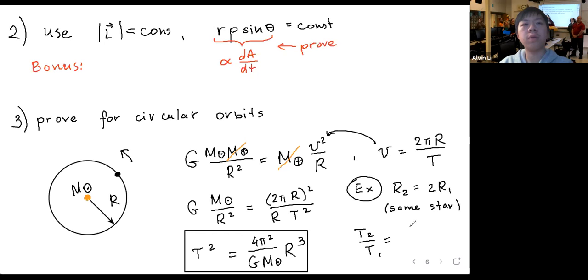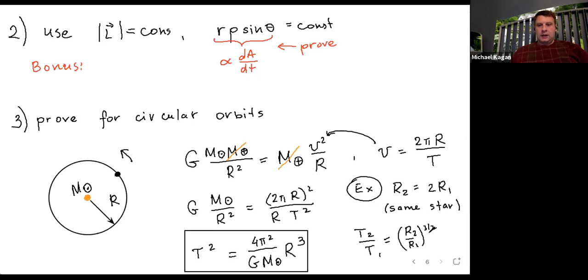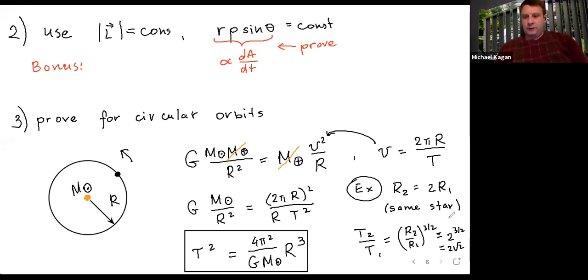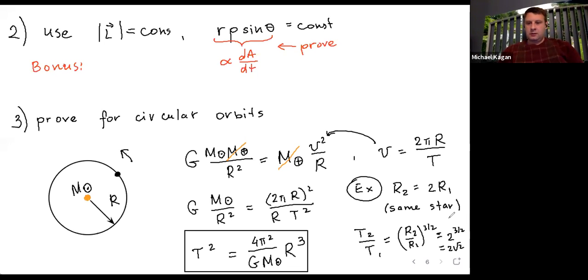It's R2 over R1 to the 3/2. Yeah, this is the scaling technique, and this is basically a 2, right? 2 to 3/2, or 2 root of 2, which is 2.8, right? Joseph, Abhijit, you okay with this? Yeah. So all you need to know is the power here. You don't worry about the constants. They cancel out when you take the ratio.